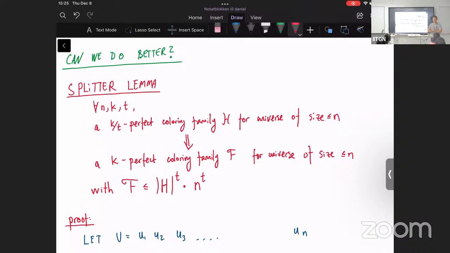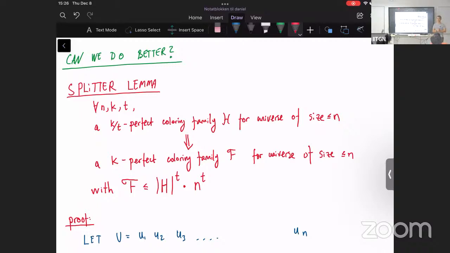So formally, the statement is the following: for all integers n, the universe size, k, the size of the sets you are trying to k-color, and t, some parameter of the lemma, if I give you a k over t perfect coloring family H for a universe of size n, multicoloring all sets of size k over t, then I can get a k perfect coloring family for a universe of size n of size at most H to the power t times n to the t.